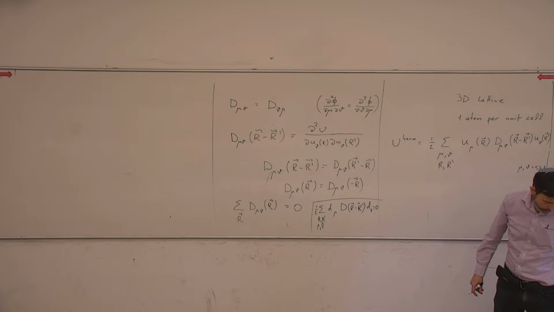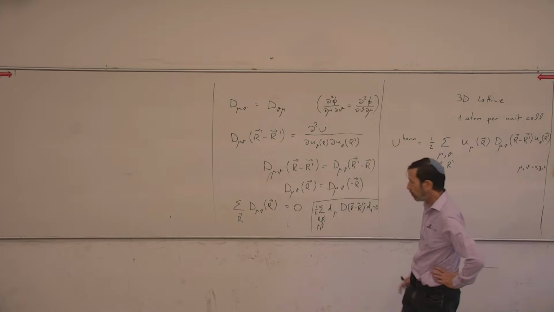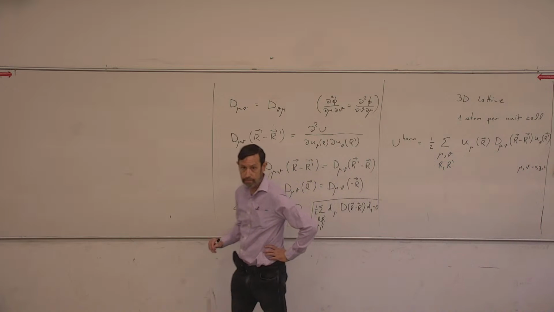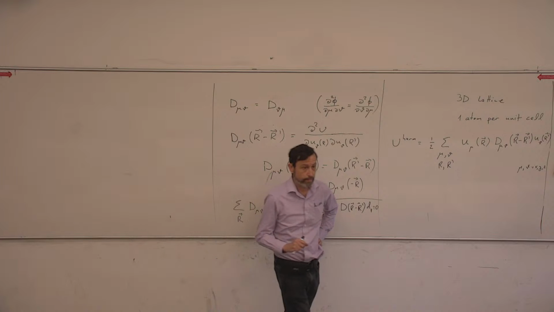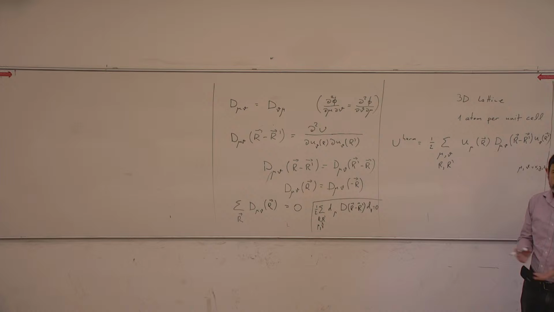Okay, so we know something about the properties of D, the symmetries. What did we do in the previous case, once we had U harmonic, in order to find what waves exist in the system? We guessed a complex exponential. Yes, but before that, we guessed as a solution to something.